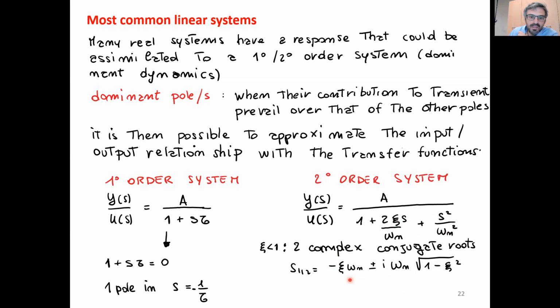So you have the real part and you have the imaginary part. And you can see here that the real part is negative. So this is again a stable system, second order.